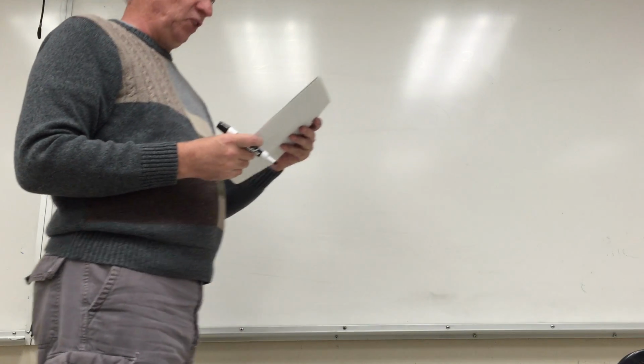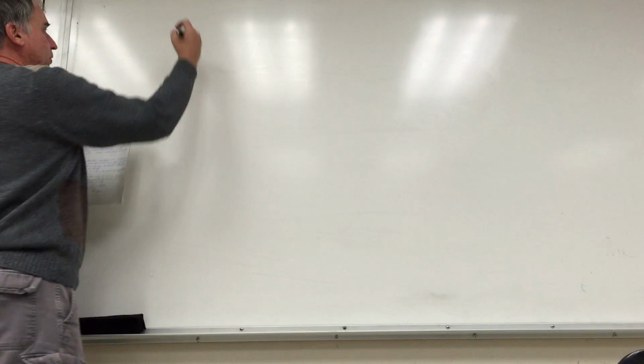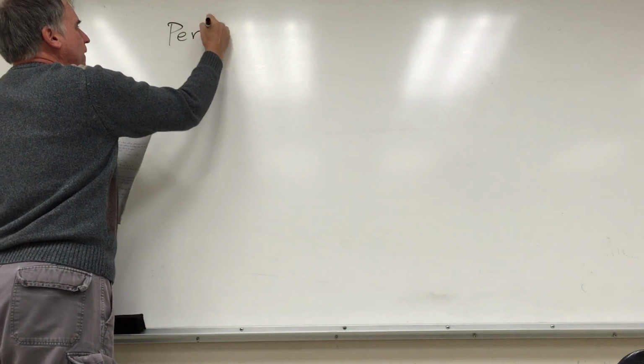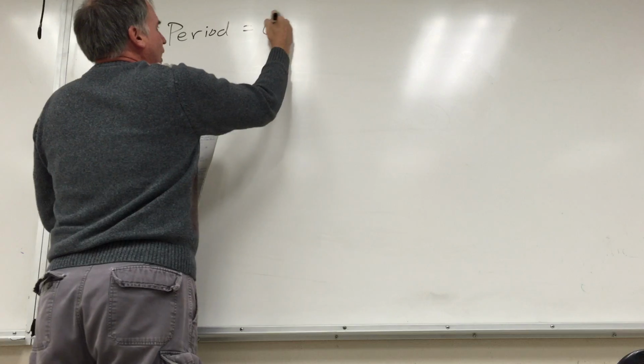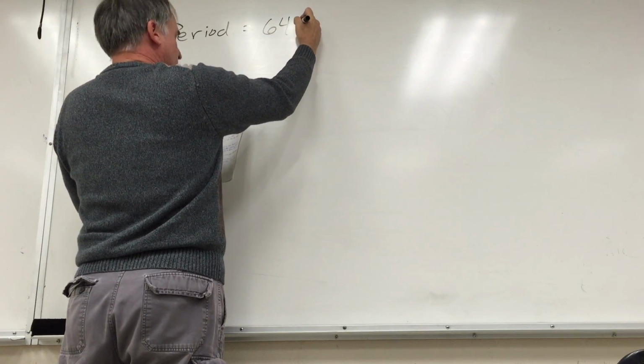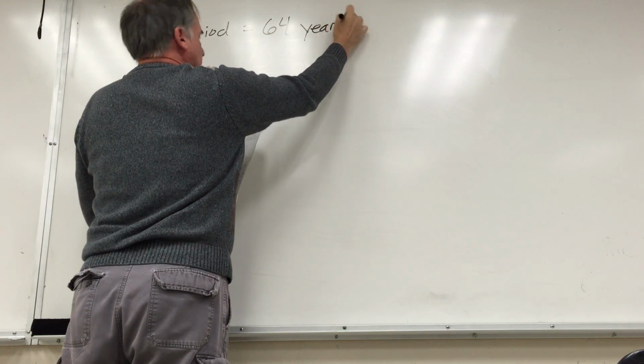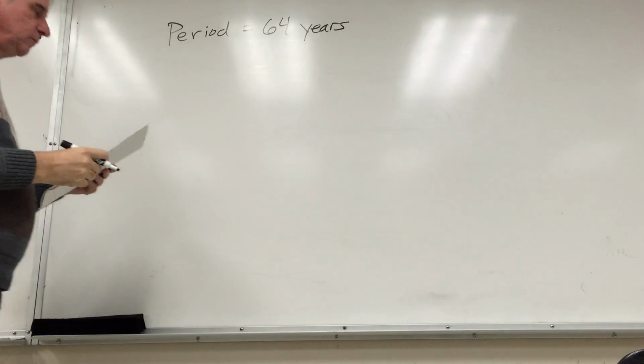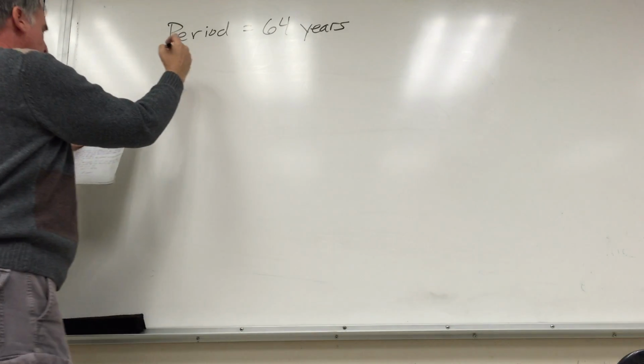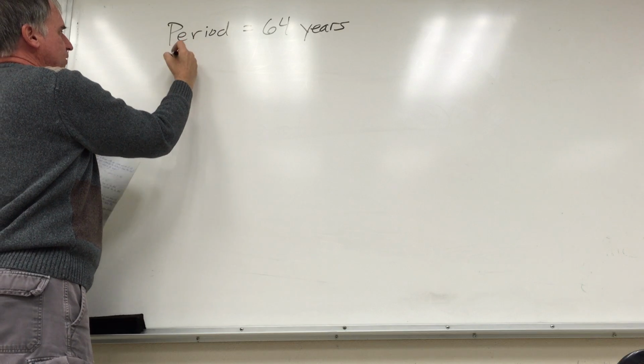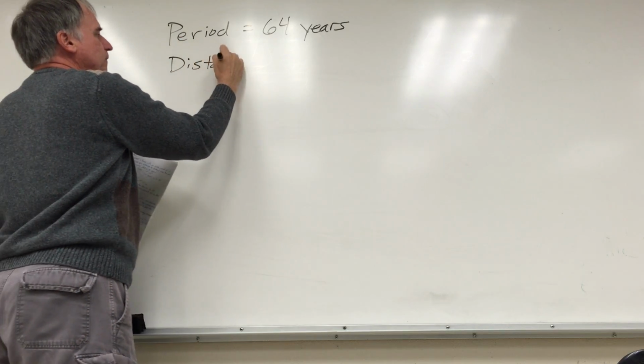Well, let's start with the first part. So we have a planet orbiting the Sun with an orbital period of 64 years, and we're trying to figure out the distance from the Sun.